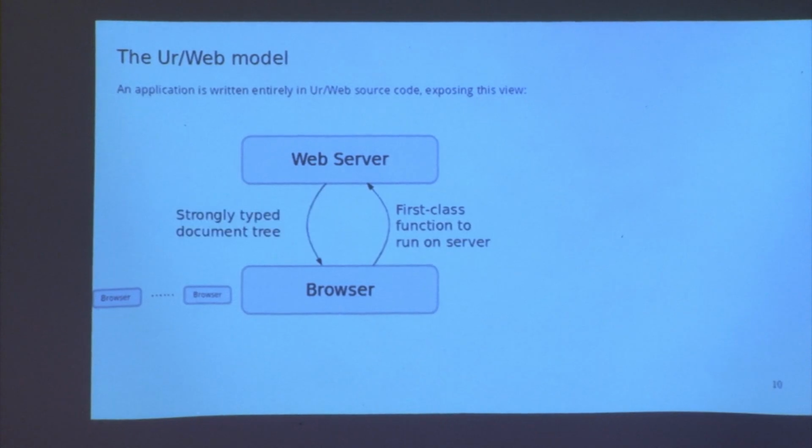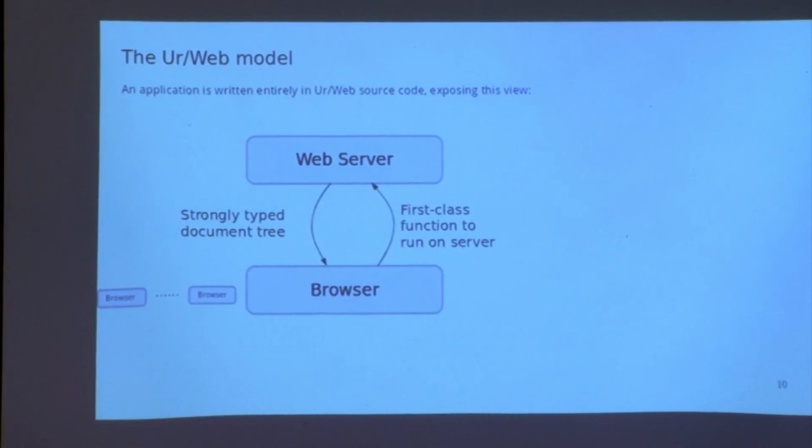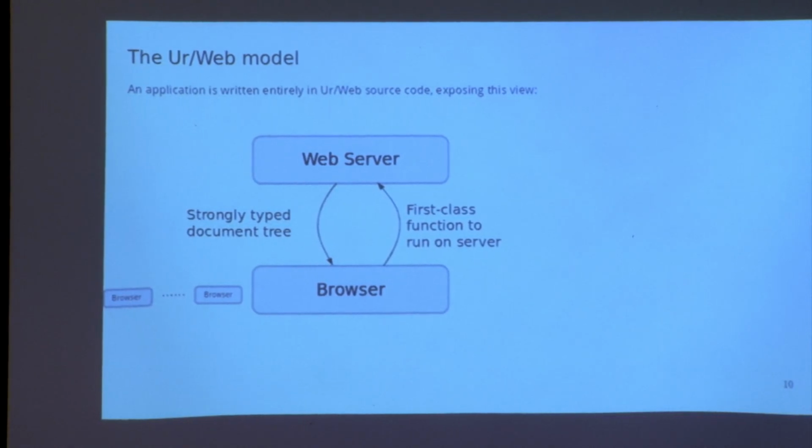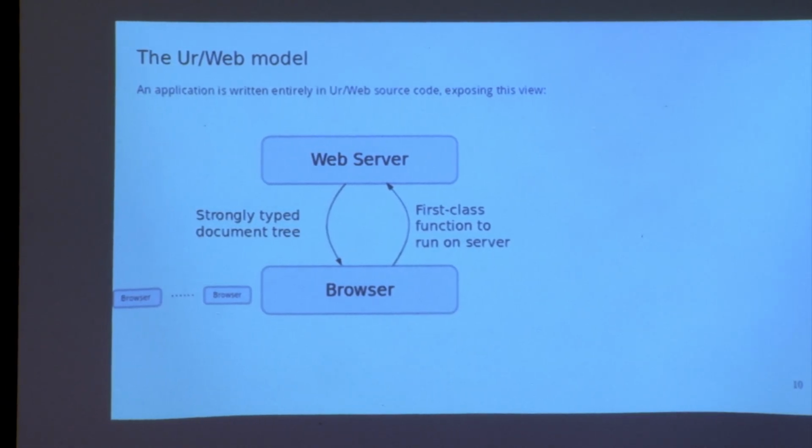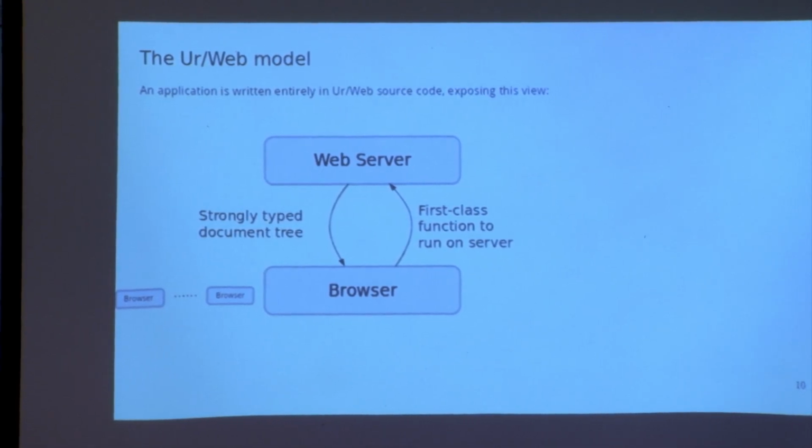And then the server responds with not a string of HTTP protocol text, but a strongly typed document tree. So instead of a string of HTML, it's a tree, a first-class object in the language. And that is how the program manipulates it, not as a string.